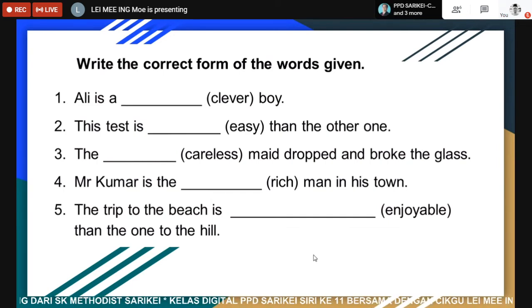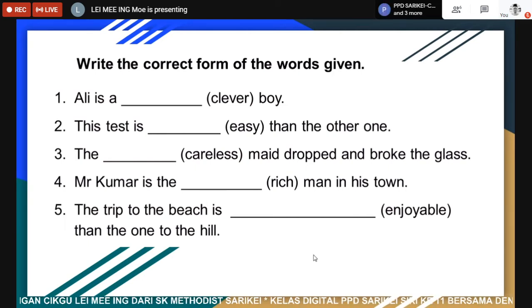Question number 1. Ali is a clever boy. The given adjective here is clever. Some of you typed clevers. Why do you add s? For an adjective we don't add any s. If you want to use the root word, you just use the same spelling.